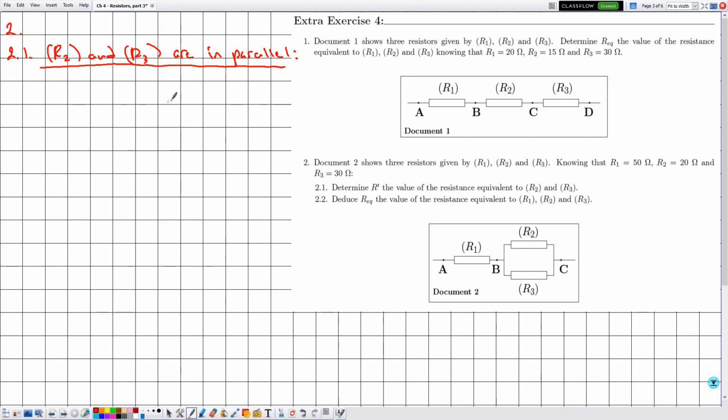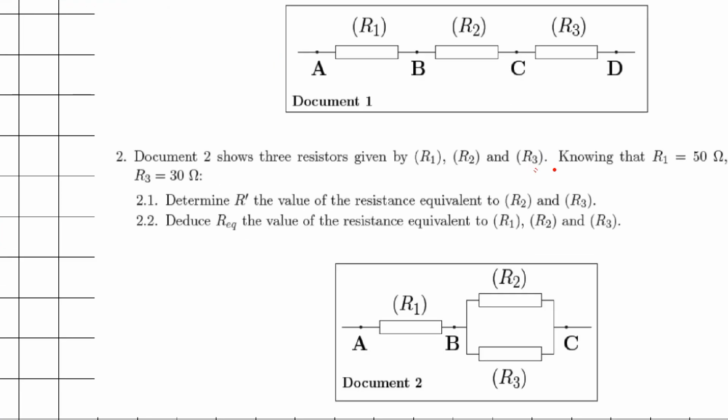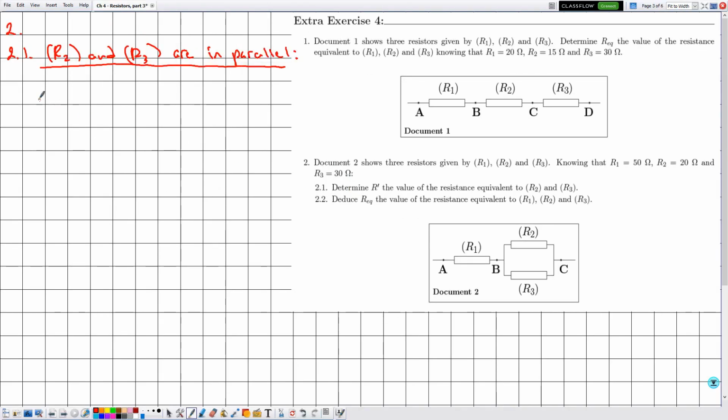And we know that the formula of R equivalent is given by 1 over R2 plus 1 over R3. Notice that in this case the equivalent resistance is denoted by R prime, so we use the same notation. Then 1 over R prime is equal to 1 over R2 plus 1 over R3.